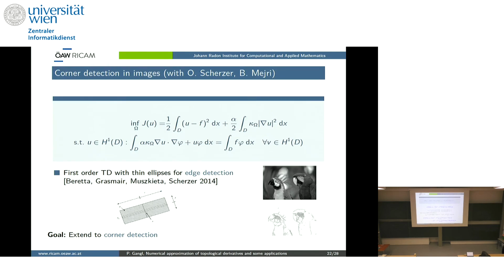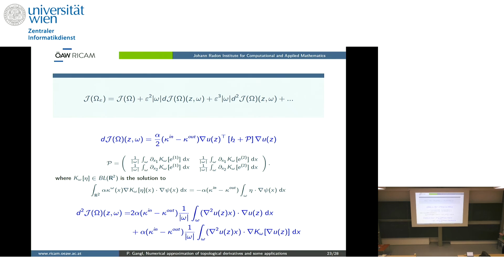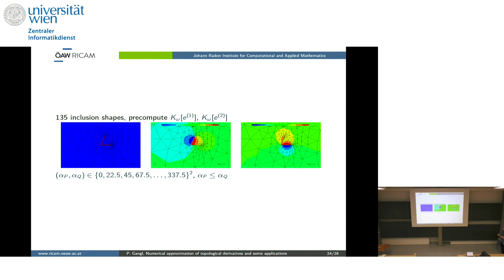Okay, so for this cost function, I wrote down the first order and second order topological derivative. Then we pre-computed the exterior solutions K for the first and second unit vector for the basis of R2 for a large number of different inclusion shapes, namely all kinds of angles that we could get by discretizing the range of angles in this way.